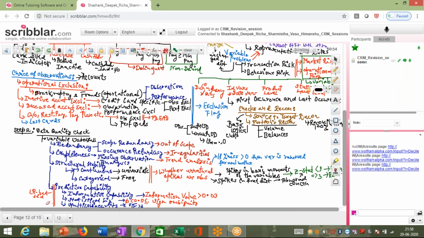So these steps are required if your models are statistical, that is, if the models you are working on are logistic regression based.